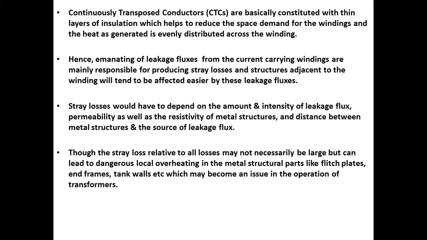Though the stray loss relative to all losses may not necessarily be large, it can lead to dangerous local overheating in metal structural parts like flitch plates, end frames, tank walls, etc., which may become an issue in the operation of transformers.